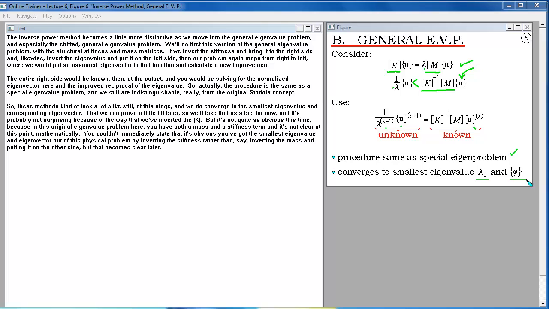That we can prove a little bit later, so we'll take that as a fact for now, and probably not surprising because of the way we've inverted the K. But it's not quite as obvious this time because in this original eigenvalue problem you have both a mass and a stiffness term, and it's not clear at this point, mathematically, that you would get the smallest eigenvalue and eigenvector out of this physical problem by inverting the stiffness, rather than, say, inverting the mass and putting it on the other side. But that becomes clear later.